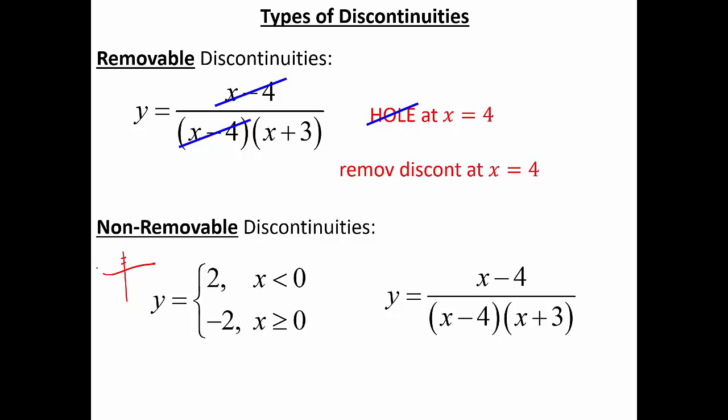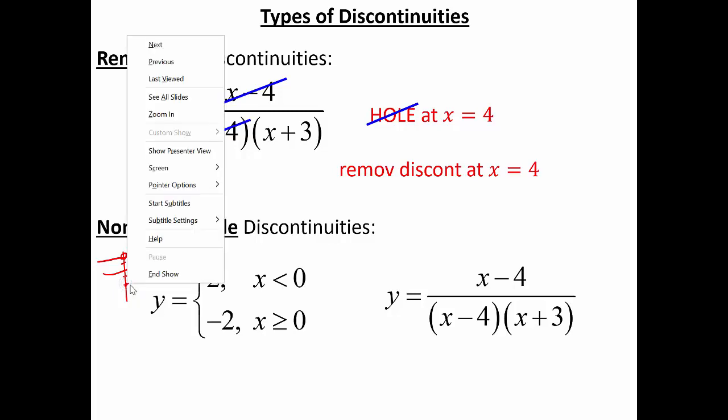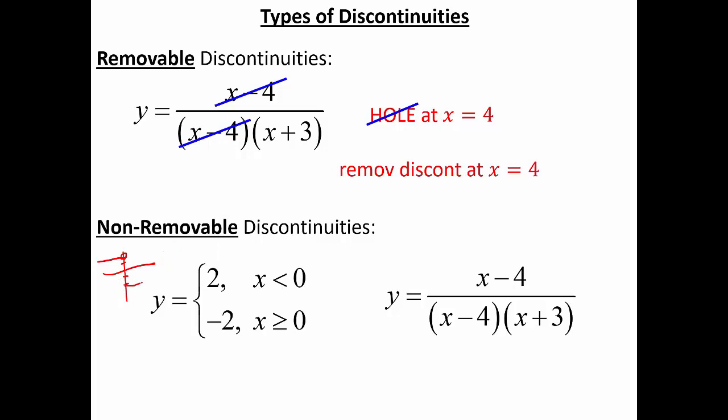When x is less than 0, the graph is the horizontal line y equals 2, and that's going to be open. And then for x greater than or equal to 0, it's y equals negative 2, and it's going to be closed. So that would be the shape of the graph on this one. Notice we have a jump, which is a non-removable discontinuity. So jump at x equals 0.